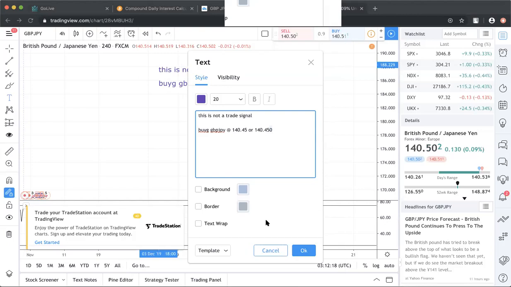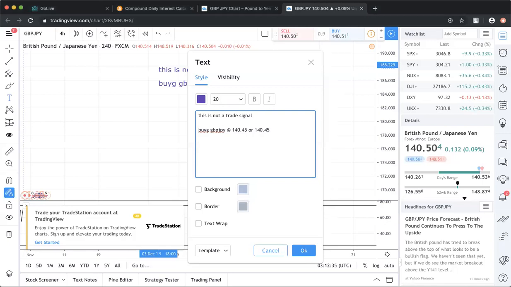We got a question. Pipette? Yeah, a pipette is a percentage. 1 pipette is 1/10. You need 10 pipettes in order to get a pip. So it'll be 450, then 451, 452, 453. You see how it's moving on the price right here from 3 to 4.